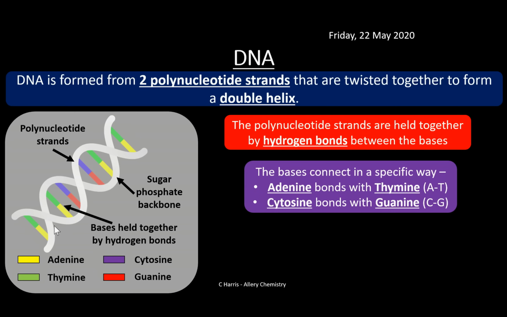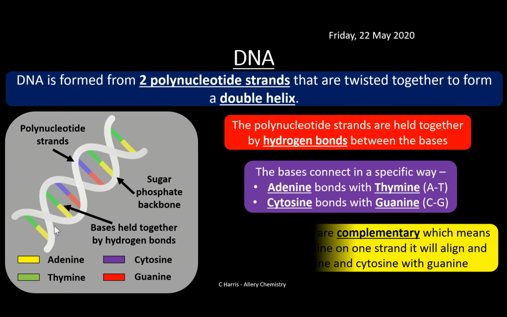If you don't know that, go and Google it. So adenine with thymine is AT, and cytosine bonds with guanine, which is C and G. They're the only 2 which will pair up. C will not bond with T. It doesn't want to be near T. A and T will only bond together, and C and G will only bond together. They're a bit fussy. They only want to bond in that order.